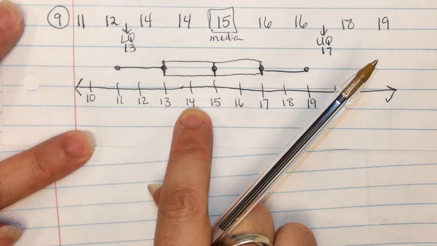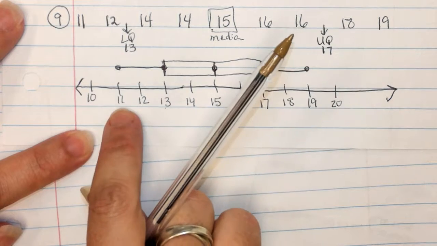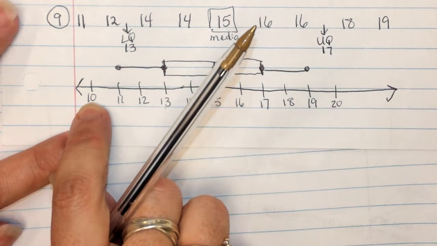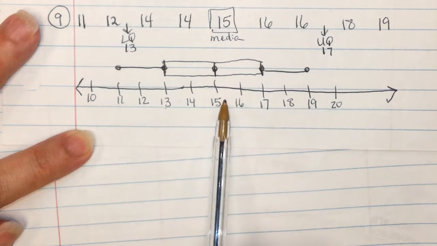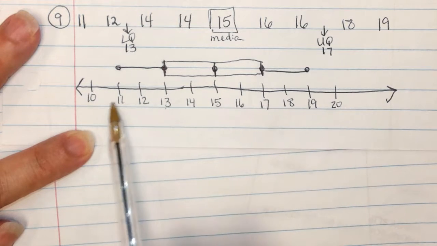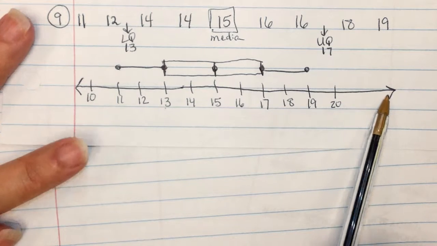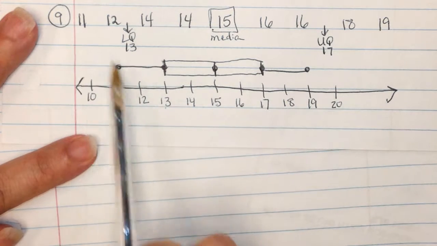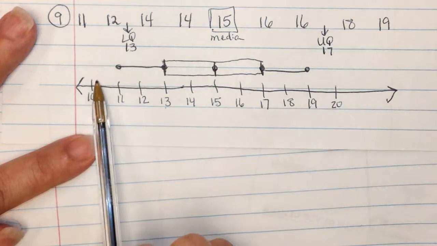No, I thought it was like when you're done and like you go down 1. Oh, now wait a minute. 11, 1 lower would be 10. Because see, I'm going from left to right on the number line. 10, 11, 12, 13, 14, 15. And then 1 up, you could do 9 or 8. It doesn't matter. Down here, you could do 21, 22. I just did 12. So. Oh, yeah. Now, 12, because your lowest number should have been 11. Does that make sense? So one lower would be a 10.